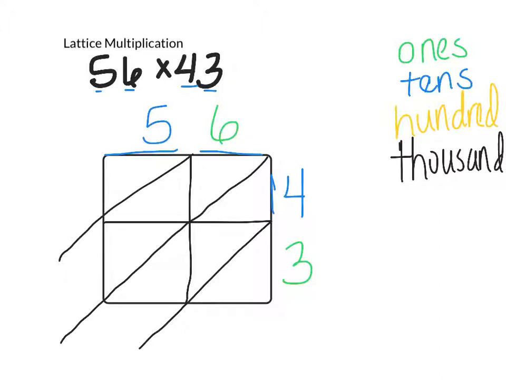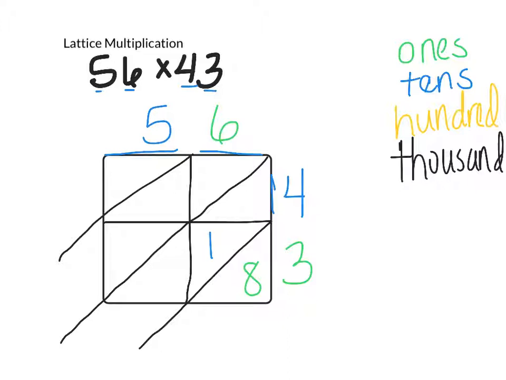And I'm going to start with the 6 times the 3 because it's my smallest place value. So I know that 6 times 3 is 18. So in that number, the 1 is a 10 and the 8 is a 1. So I have 18.